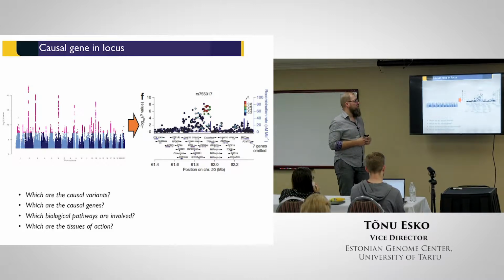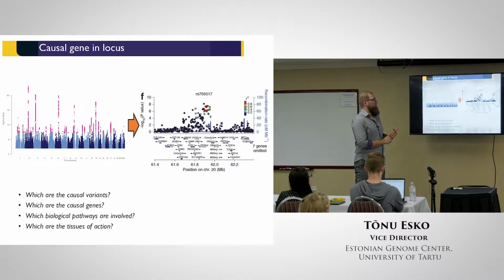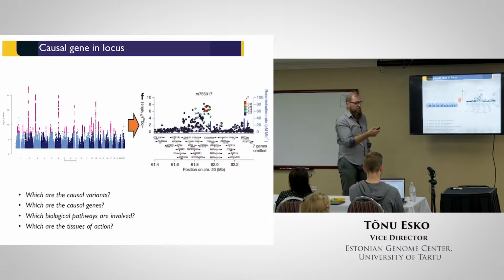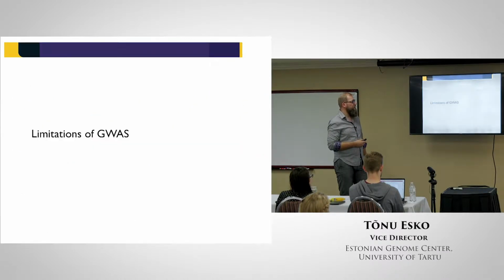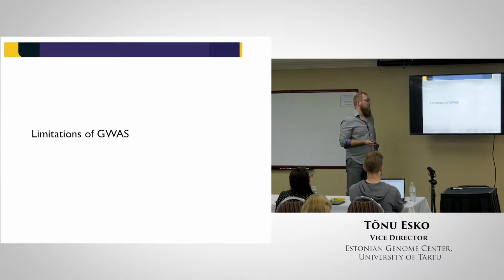So I'm going to talk about different ways how you could try to figure out which is the causal variant, which is the causal gene, which is the causal tissue, and what is the biological pathway all these results are hinting towards. So the first important thing is to understand the limitations of a GWAS.